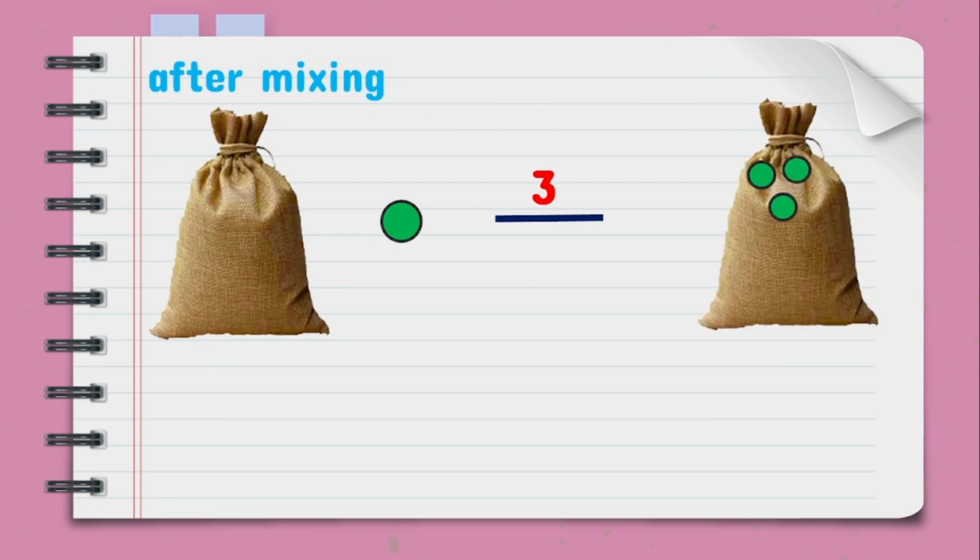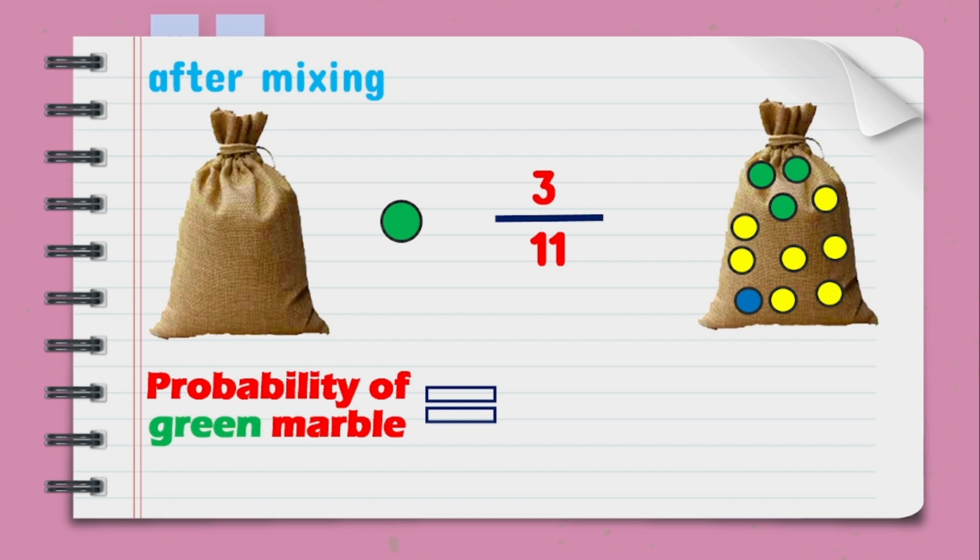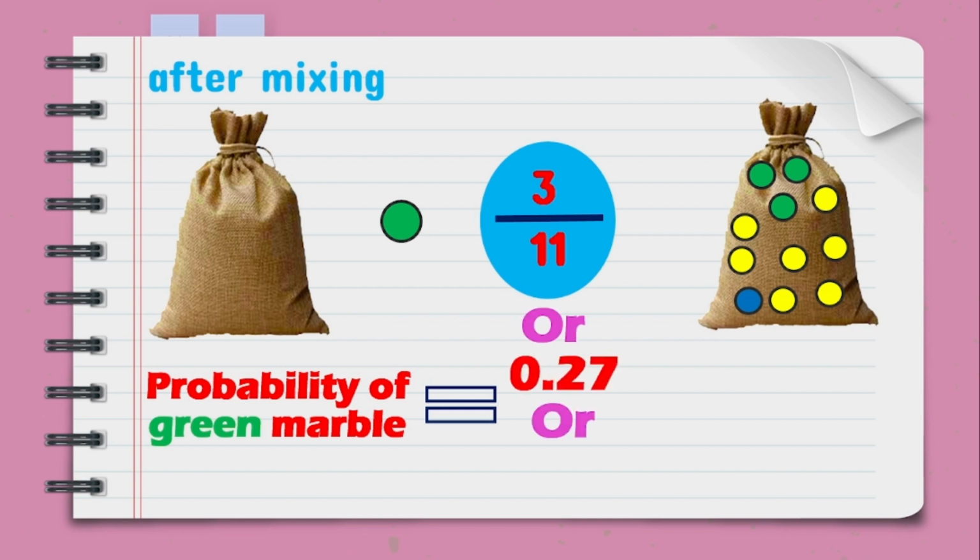So there are 3 outcomes that get us what we want. And the bottom will be 11 because there are 11 possible marbles that we could pull out. So the probability of pulling out a green marble is 3/11 or 0.27 or 27%. Alright, so you should have a pretty good handle on the basics of probability.